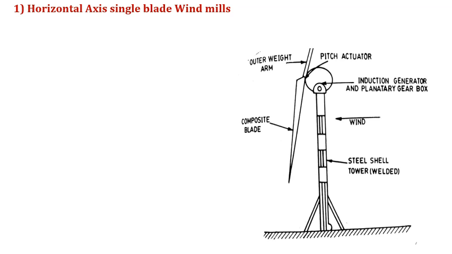You can see there we have only one composite blade, and there is a counterweight arm. Then a pitch actuator is provided in order to control the pitch, and an induction generator with a planetary gearbox is provided in order to convert mechanical energy to electrical energy. It is mounted on a steel truss tower or shell tube tower.